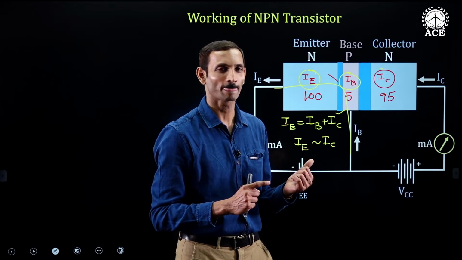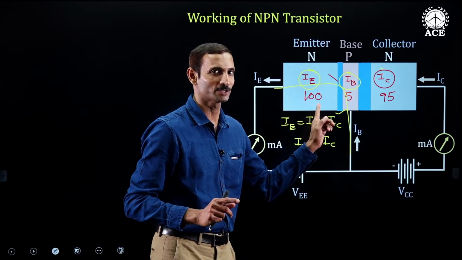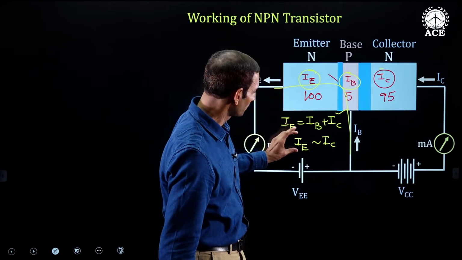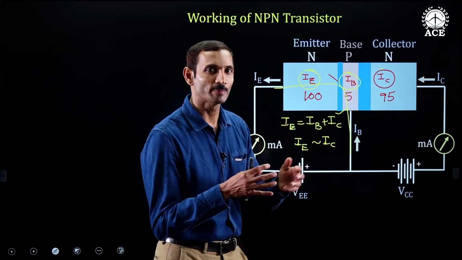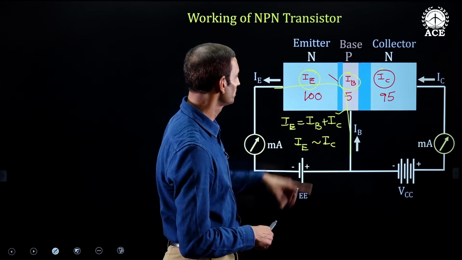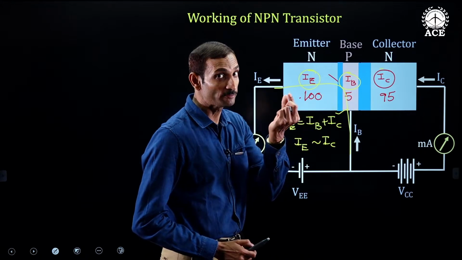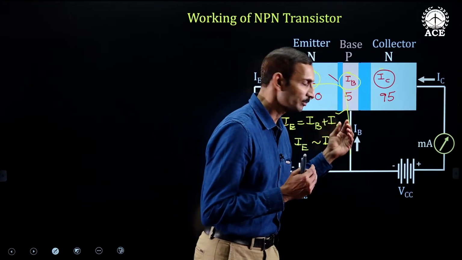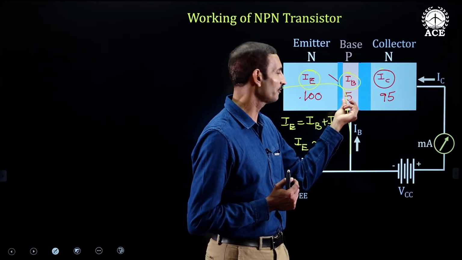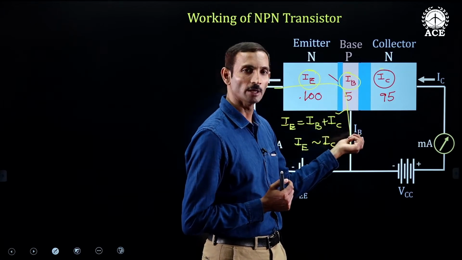What is happening? Generally that is the case, but in this particular device, what we call a transistor, the emitter current and the collector current almost match with each other, making the base current very less. Why does this happen? Because 100 electrons start from the emitter region, and the base being very thin, very few electrons have a chance to stay here, combine with the holes and constitute the base current.